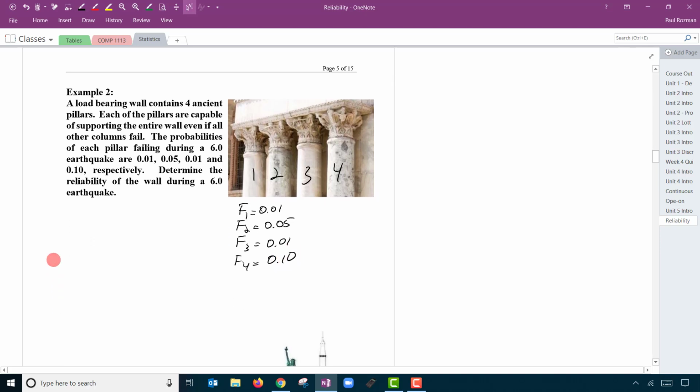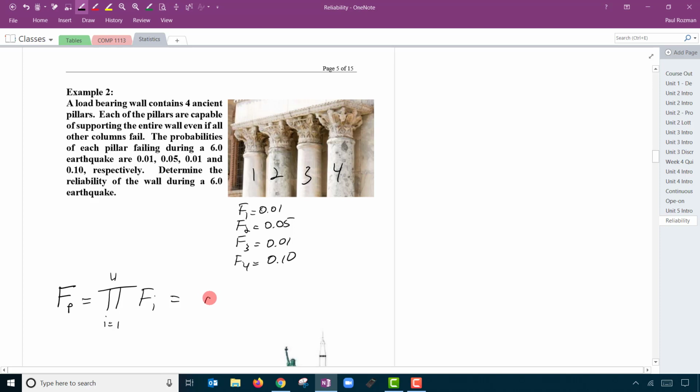So to figure out the probability that the whole thing fails, the failure of the system in parallel is just going to be the product of the individual failures. And we have 4 pieces.